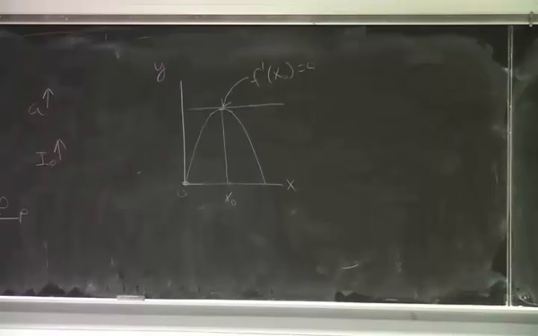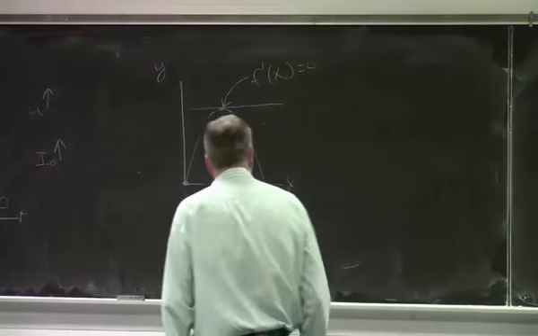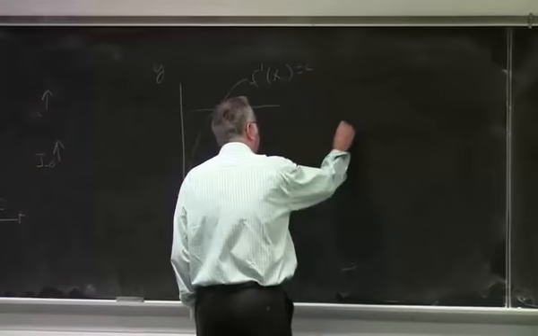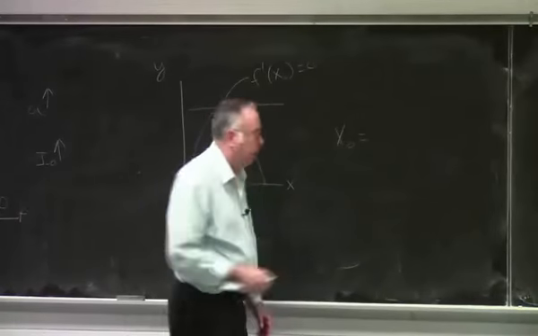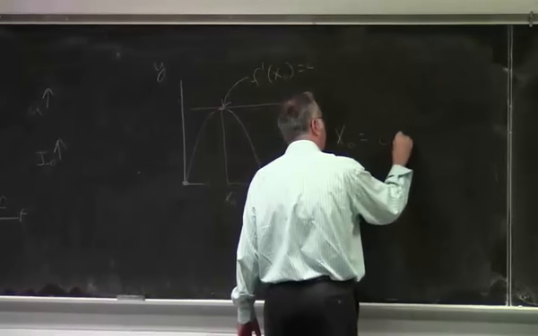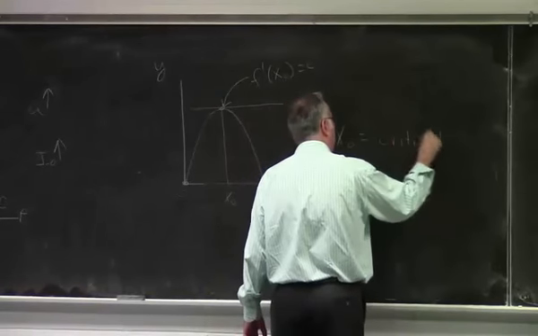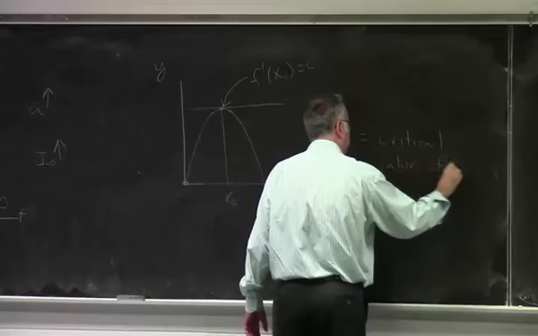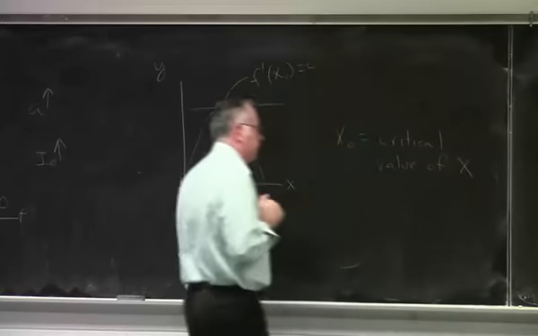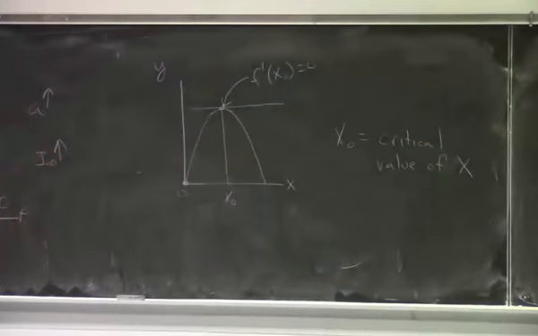The critical value of x is the value of x where the first derivative is 0. Where f prime of x is 0. How would we find x sub 0 in this case?